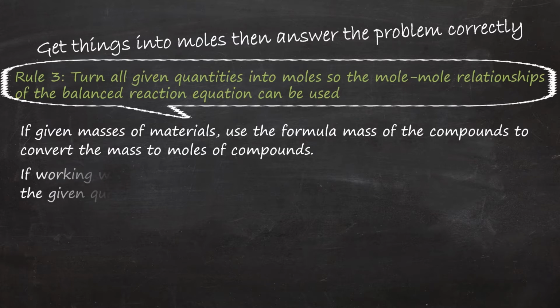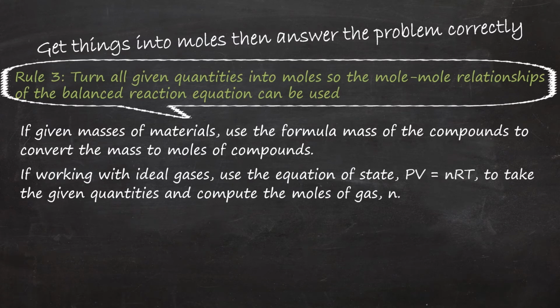If we're working with ideal gases, we should be given enough information to use the equation of state, PV equals nRT, to take these given quantities and compute moles of gas, n. Many times we'll be working in STP, standard temperature and pressure conditions, which helps streamline the calculation a bit.